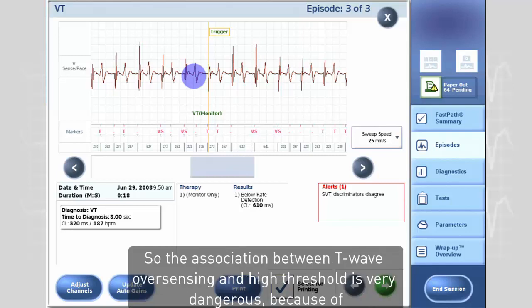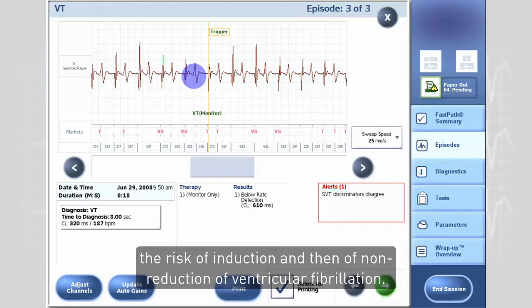So the association between T-wave oversensing and high threshold is very dangerous, because of the risk of induction and then of non-reduction of ventricular fibrillation.